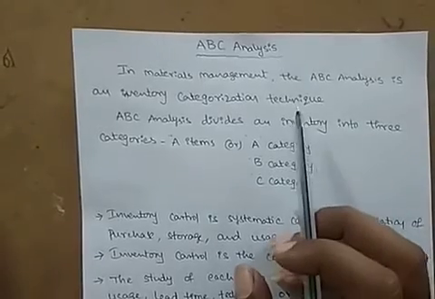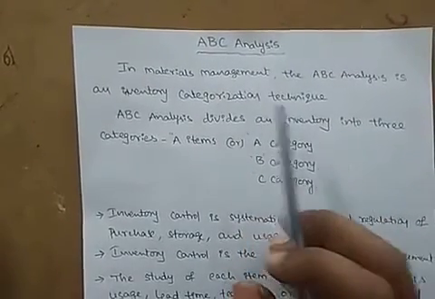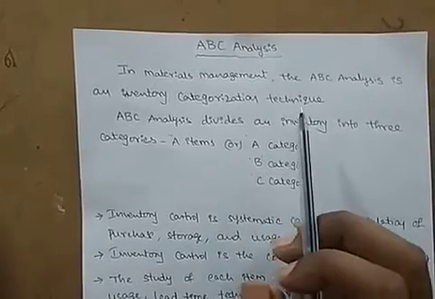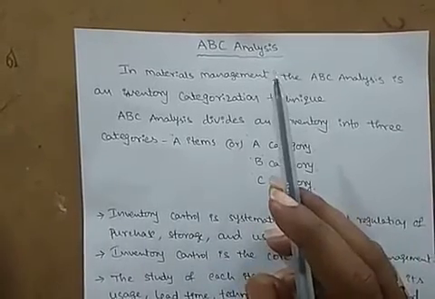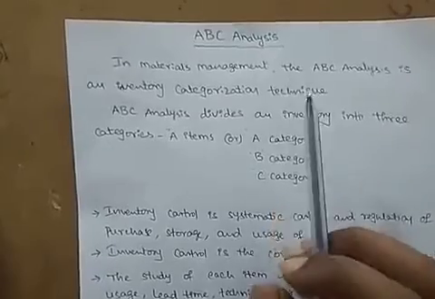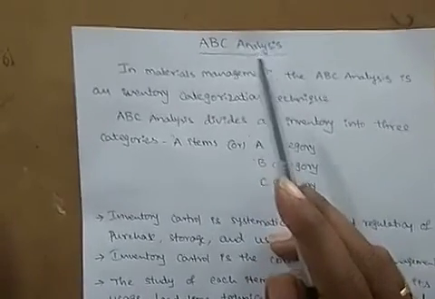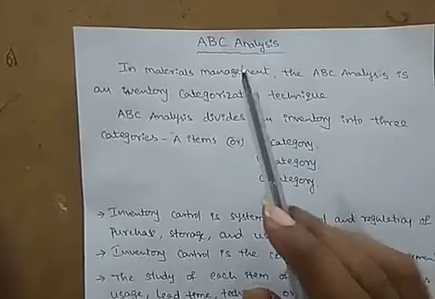In inventory management, we have a lot of techniques, like ABC analysis, HML analysis, FNS, EOQ, a number of analyses. Out of that, ABC analysis is the first and highest priority.